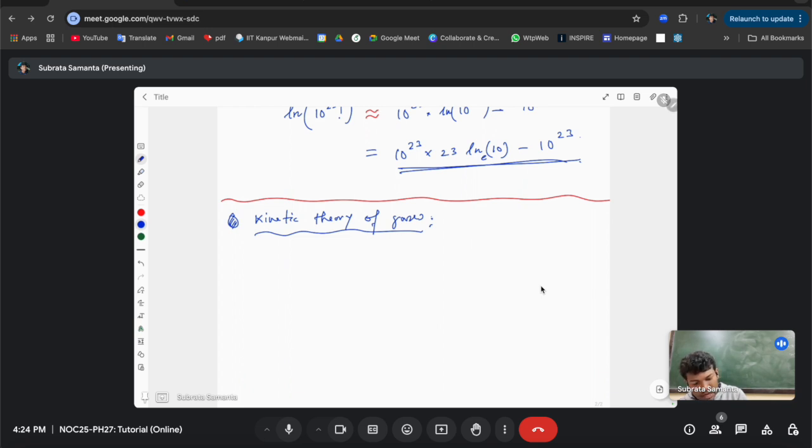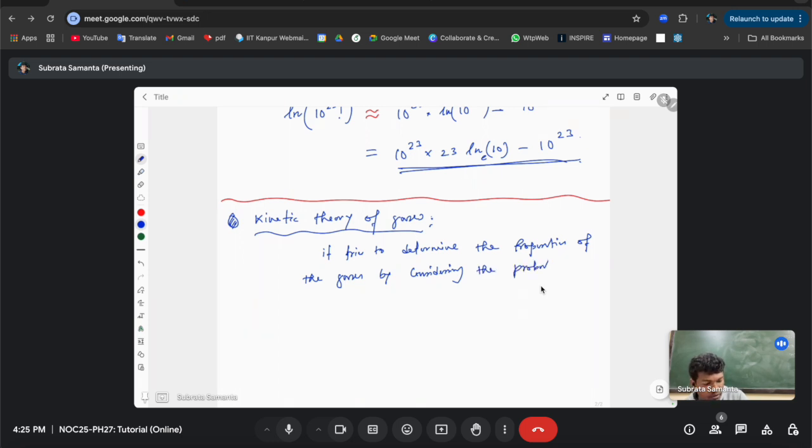The kinetic theory of gases tries to determine the properties of gases by considering the probability distribution.